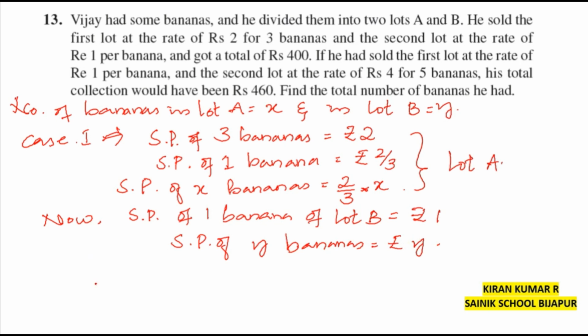So totally he is selling from lot A for 2 by 3 X, from lot B ₹Y, and the total amount he is getting is ₹400. Now I can make this a simple equation by taking LCM and cross multiplying. I get the equation 2x plus 3y equal to 3 multiplied by 400, which is 1200.